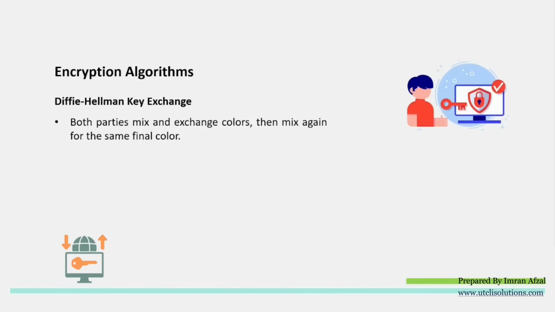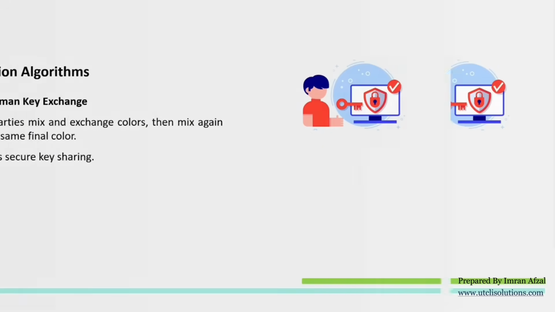Now you have a shared secret. The spy, aware only of the public colors and mixes, cannot deduce the final secret color without knowing your private colors. Similarly, the Diffie-Hellman key exchange uses mathematical numbers and operations instead of colors to securely share a secret key over an insecure channel, ensuring that only the intended parties can understand the communicated messages.